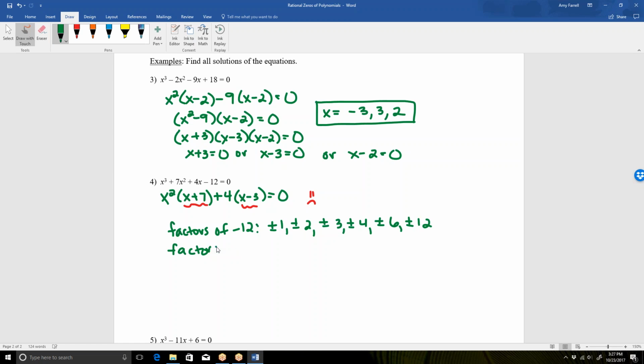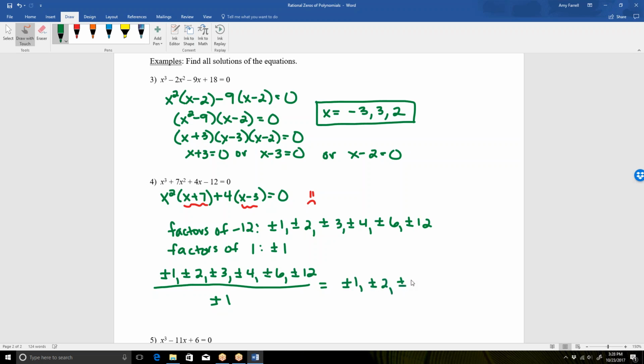All right, so factors of 1 would just be plus or minus 1. So our possible or potential rational zeros would be all of these over plus or minus 1. But we know when we put all of those numbers over 1, we just get the same thing. So here are our possibilities.